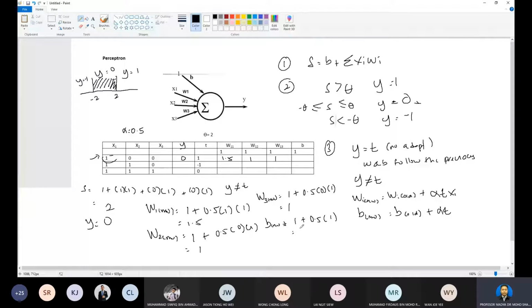So weight 1 and the bias are changed, while weight 2 and 3 remain the same as the previous, which is 1 and 1.